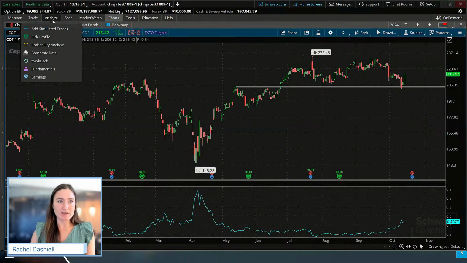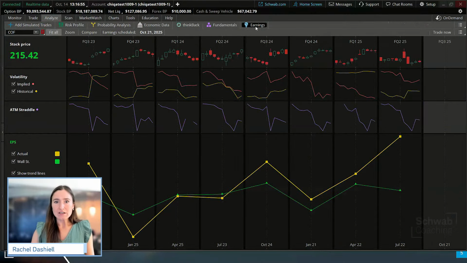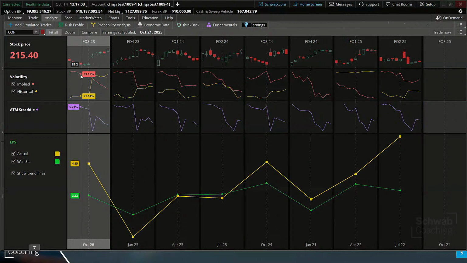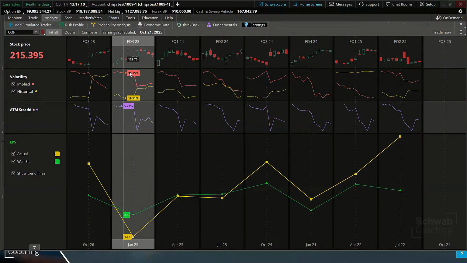And I'll actually show this on another page too, just so you get a little bit of an idea. You can take that into the earnings tab within Thinkorswim and look at just the levels in this grid of implied volatility going into earnings. You can just see how it's been elevated, and right after the earnings announcement in the middle of this little column here, it just sharply declines.